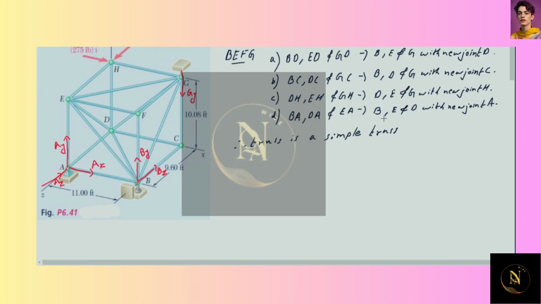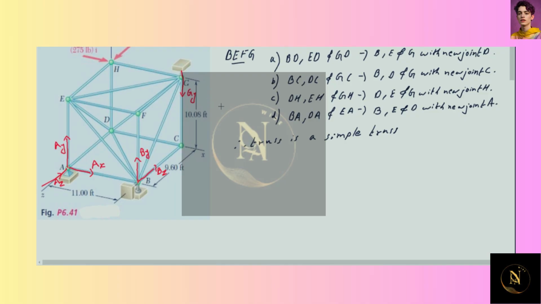If the truss is completely constrained from the free body diagram shown here, we have 6 unknown reactions: AX, AY, AZ, BY, BZ, and GY.